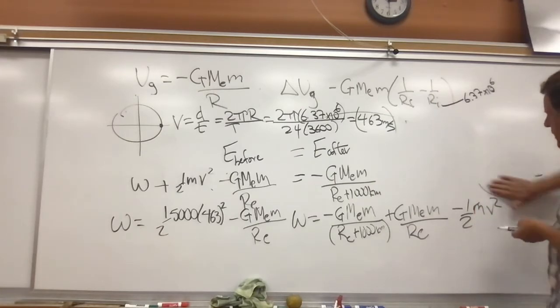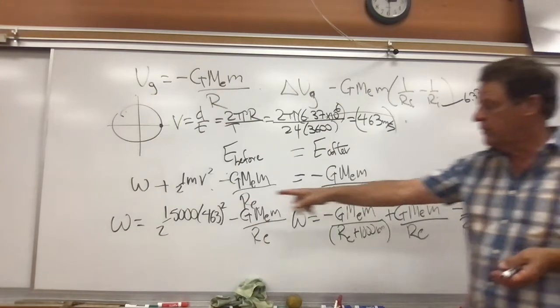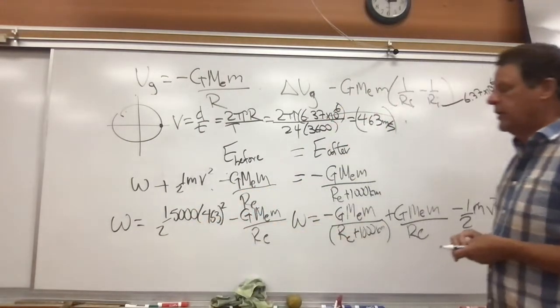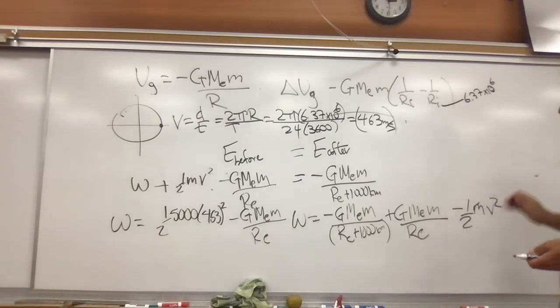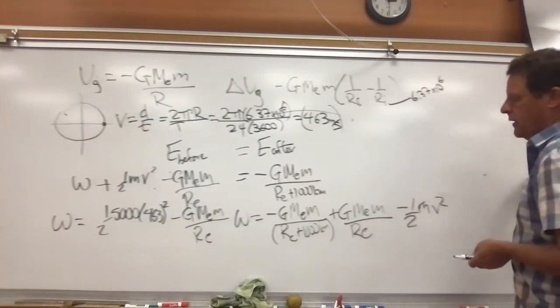Now we know that that is 1/2 of 5,000 times 463 squared.